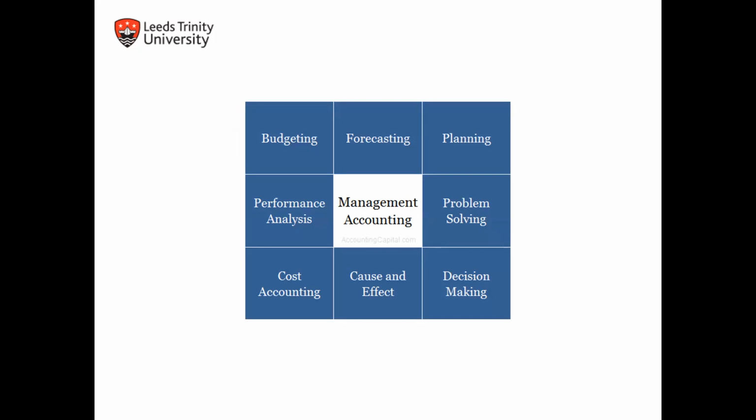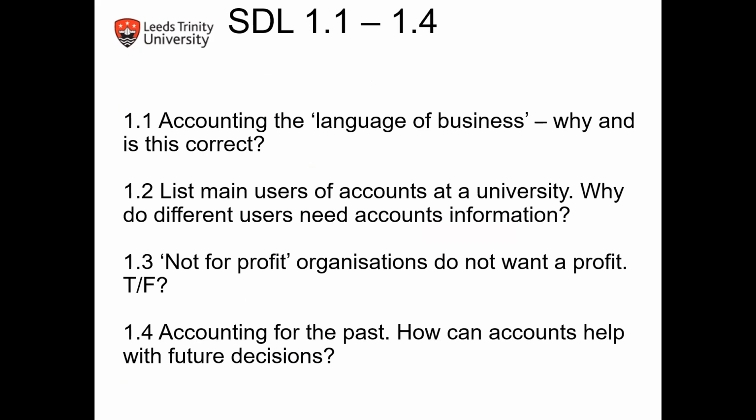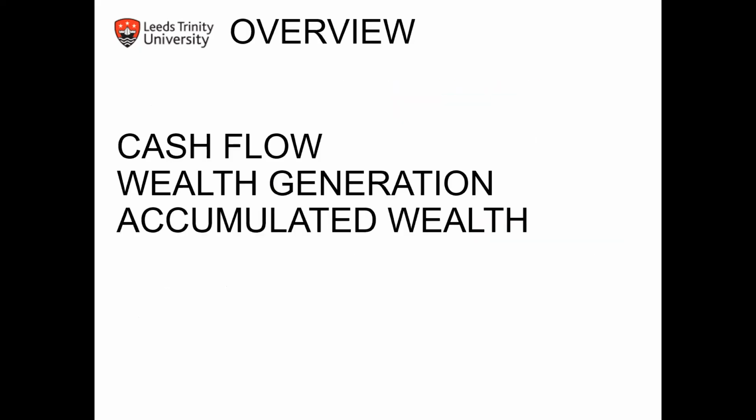They are all in the area of management accounting. Financial accounting seeks to quantify, interpret, summarize, and communicate the financial transactions of a business for external and internal stakeholders. It focuses on recording, analyzing, and reporting.